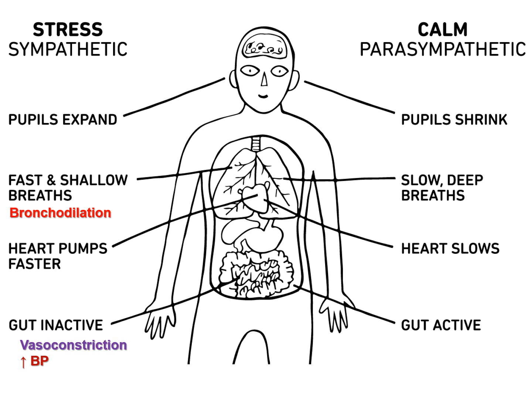On the parasympathetic side, your pupils will constrict. So I find that sort of counterintuitive, that I would think that when you're calm, your pupils dilate, but it's actually the opposite. Pupils actually shrink during parasympathetic stimulation. Your breathing slows and deepens, and we'll see some bronchoconstriction.